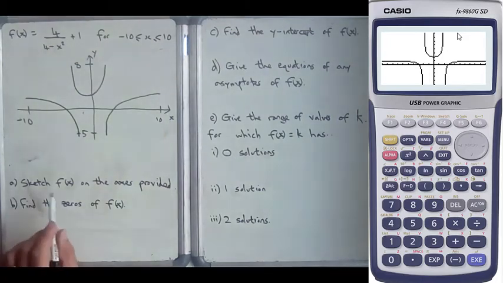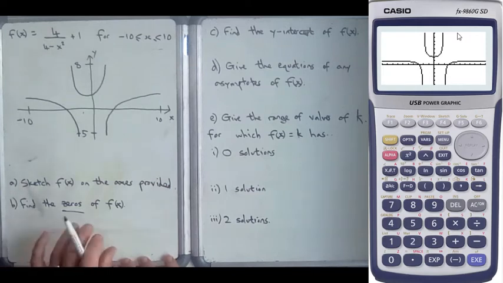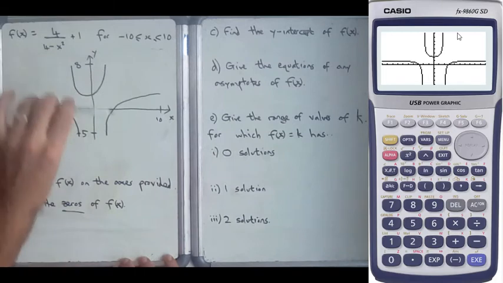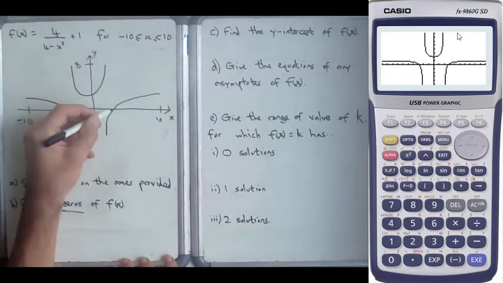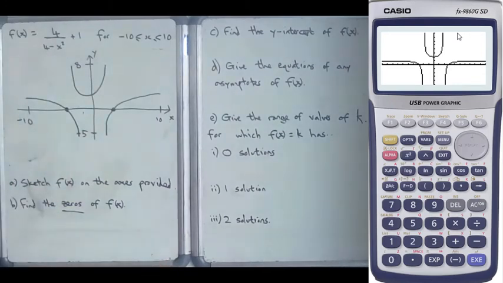Right, so sketch it on the axes provided. Find the zeros of f of x. For zeros, there are many ways to ask the same question. Zeros are basically what value of x makes f of x 0, so when is y 0? That happens here, and it happens here. So really you're looking for x-intercepts.